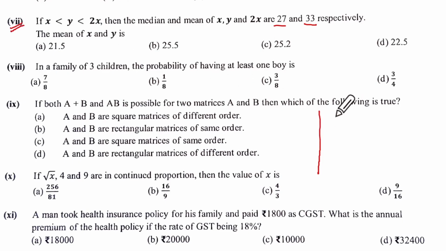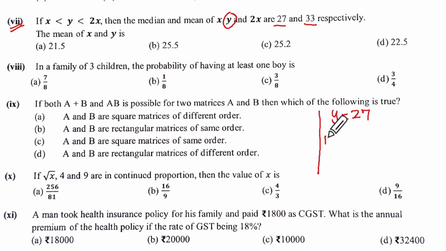So mean, median: x, y, 2x. Median will be y. So y is the median, which is 27. Okay.